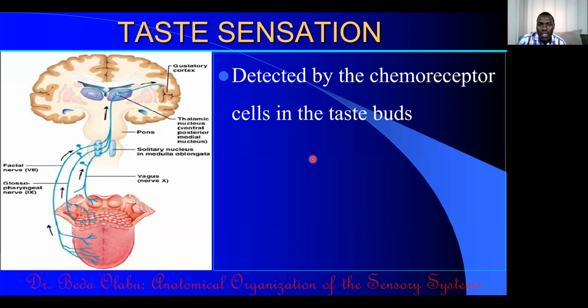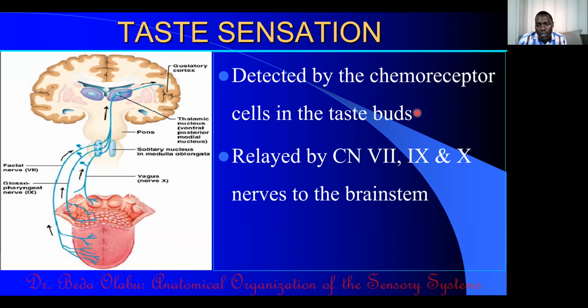So taste sensation will be detected by taste buds. Taste buds have chemoreceptors. After that detection, the information regarding taste is relayed to the brainstem via 3 types of cranial nerves.